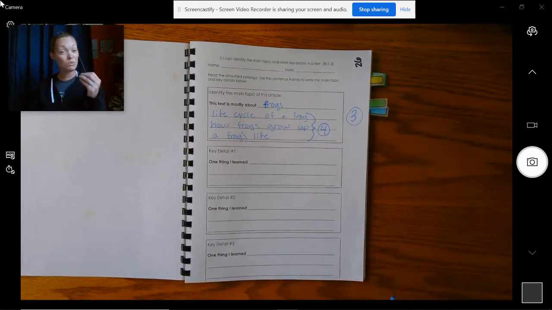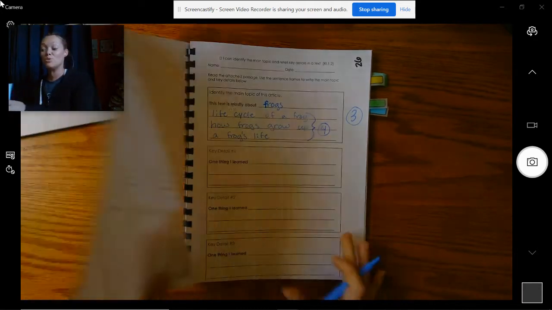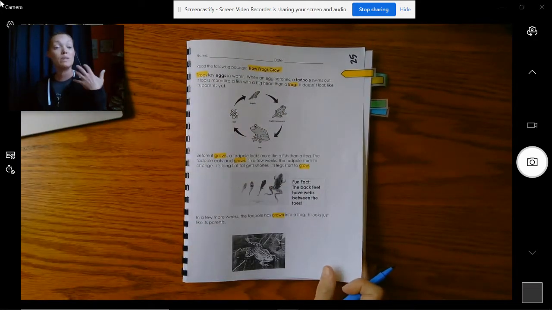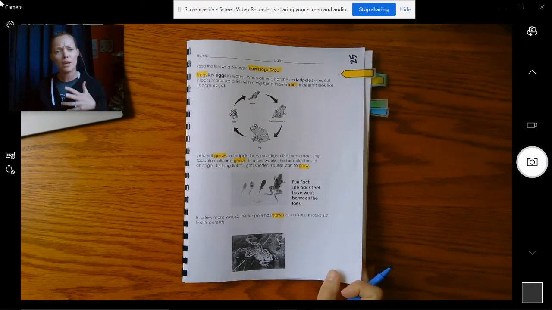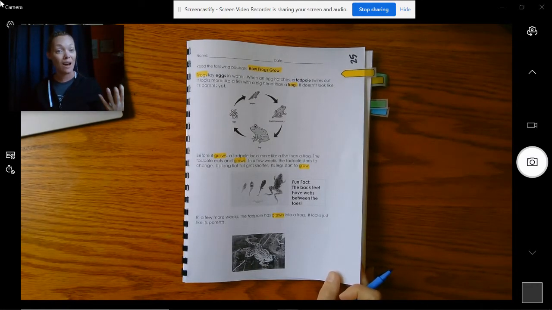Because not only did you know it was about frogs, but you knew that the whole thing was about how frogs grow. Not just what they eat or what they look like, it's about how they grow.